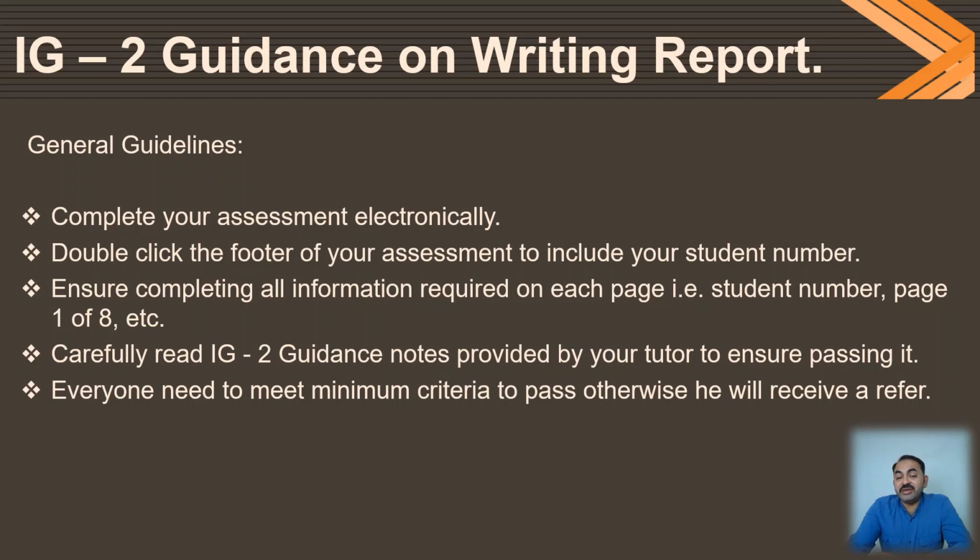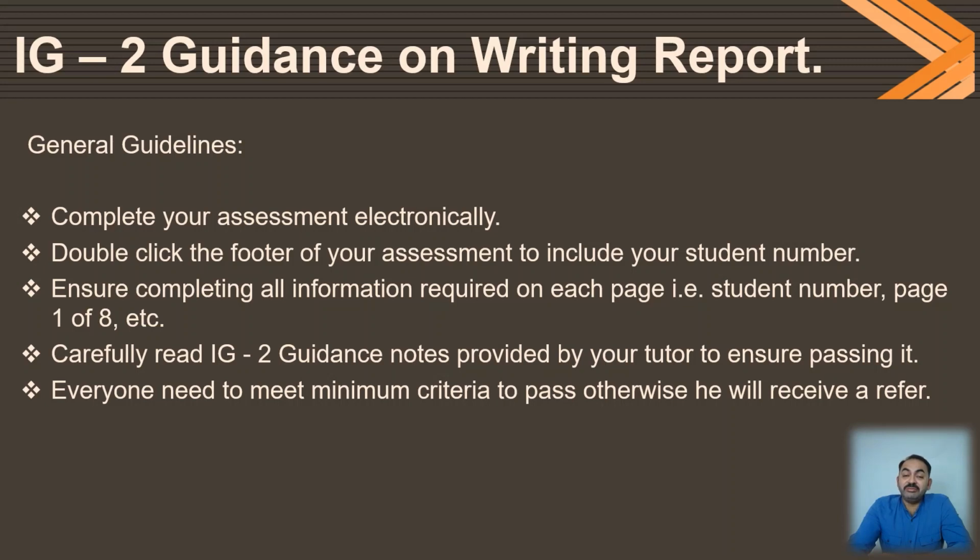And carefully read IG2 guidance notes provided by your tutor to ensure passing it properly. There are notes given by NEBOSH themselves and the syllabus bodies that what you need to look at while preparing your report. So just consult those notes to make sure your reports are suitable and sufficient and they carry all the information required.